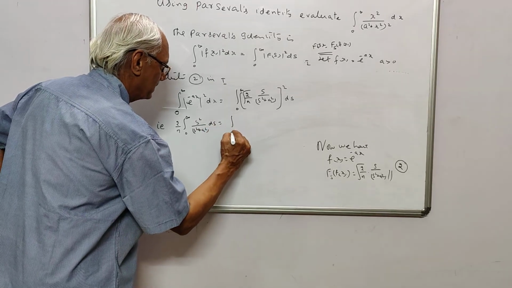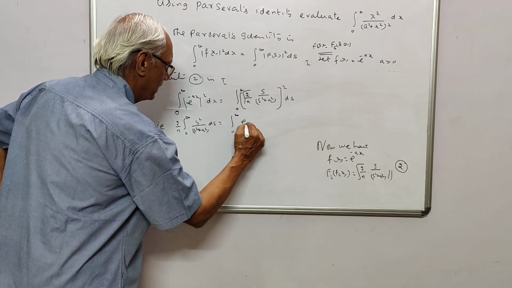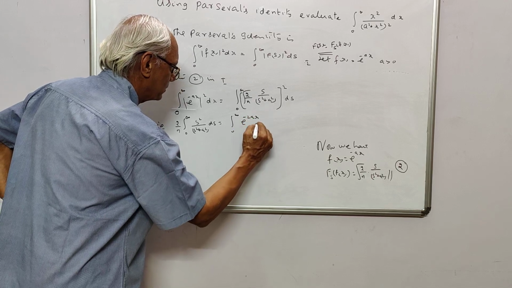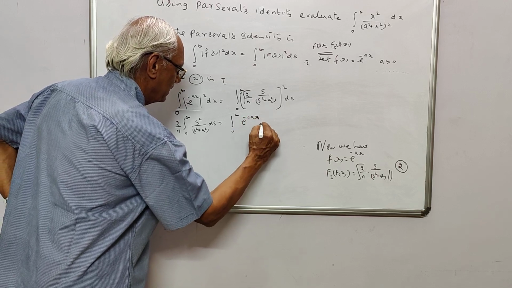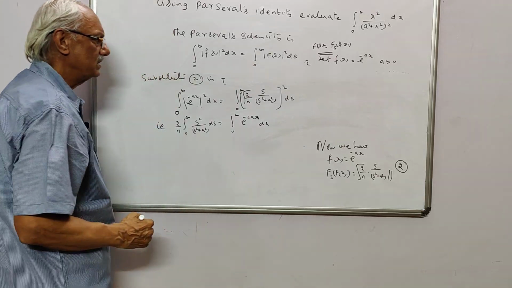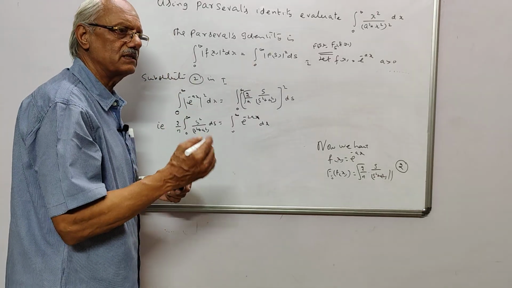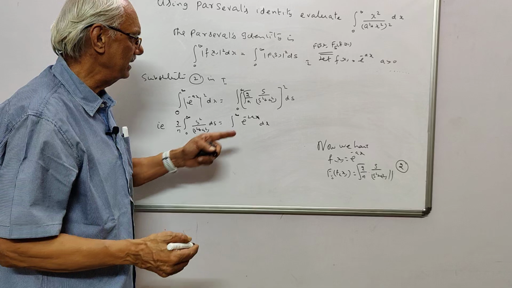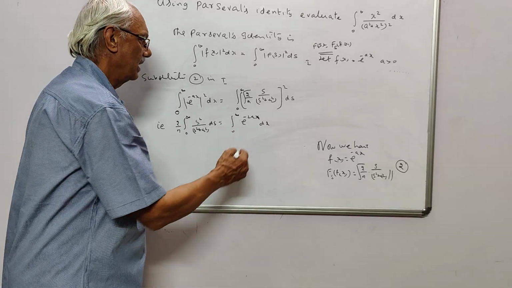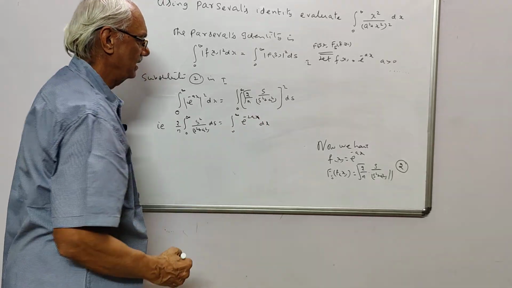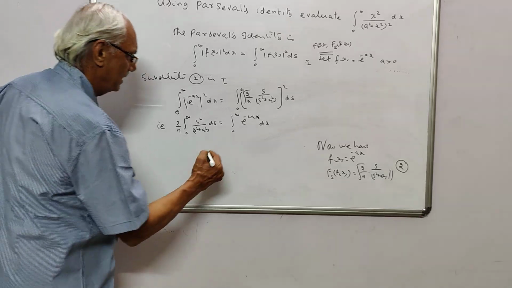It is nothing but the integral from 0 to infinity of e to the power of minus 2ax dx. So this is e to the power of minus ax into e to the power of minus ax, it is e to the power of minus 2ax, and this actually is a modulus of that.